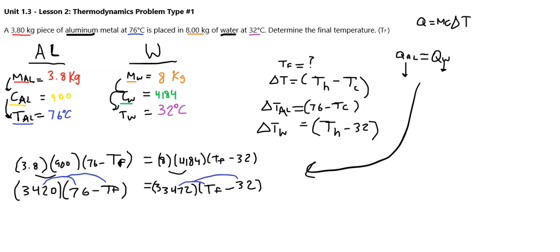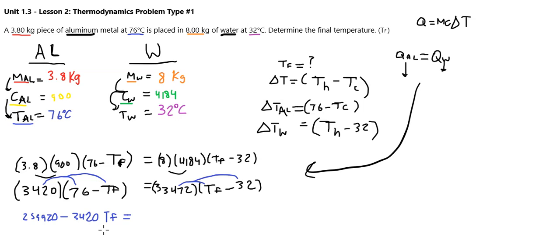So now, once we've done that, 3,420 times 76 is, let's see, what is it? 259,920. And then that is going to be minus, because of this right here, 3,420 TF when those are multiplied together. The variable just goes beside it because you can't do anything.